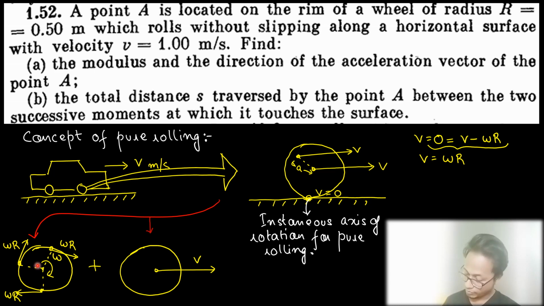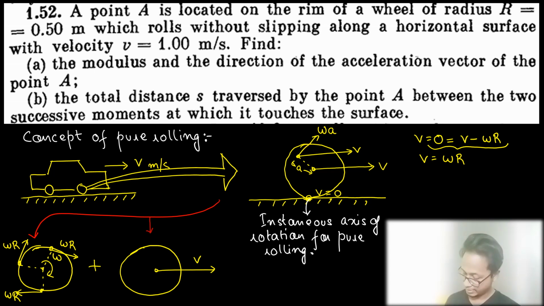The rotational component always acts perpendicular to the radius, and equals omega into a, the distance from the center. So the total velocity at this point is a vector combination of this vector omega a plus this velocity vector. Understood this much?